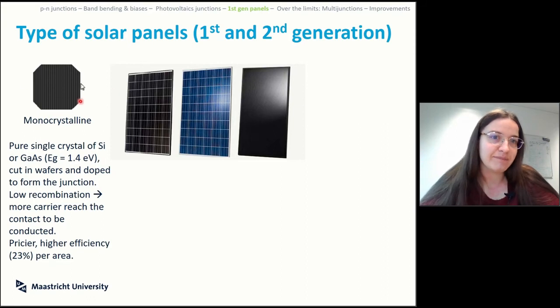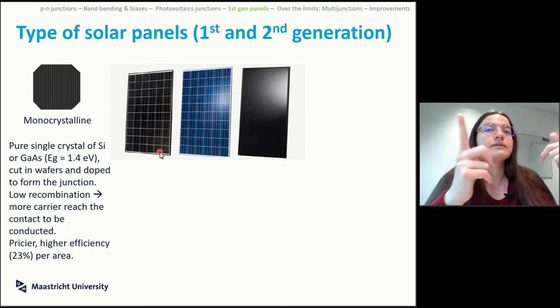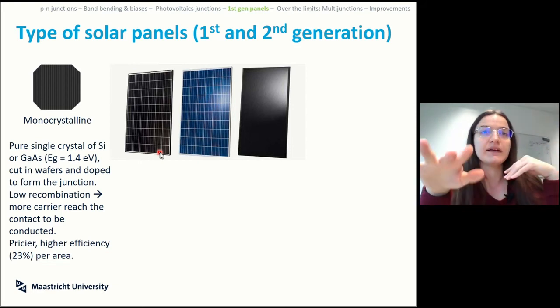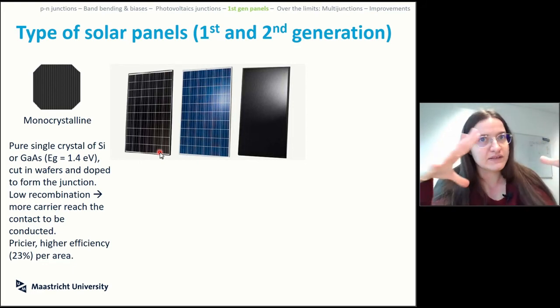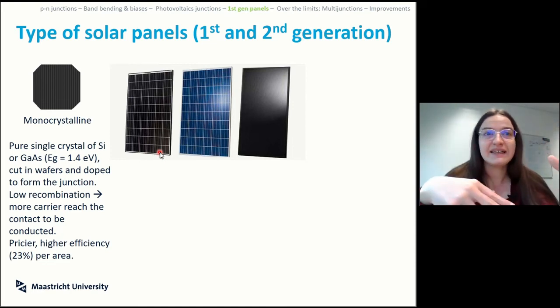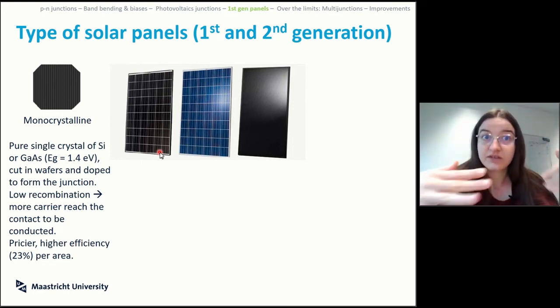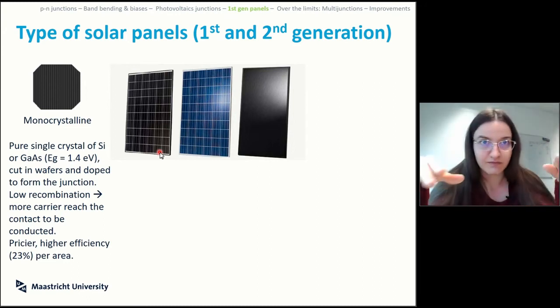Think of having a monocrystalline solar cell instead of other types: it allows you to not recombine electron and hole as you are making the stuff go through, because the issue is that the more points of non-uniformity that you have in your material, the more likely it is that at some point the carrier that you just created by irradiating your solar panel with light will just get annihilated by something else and will not go on the other side.